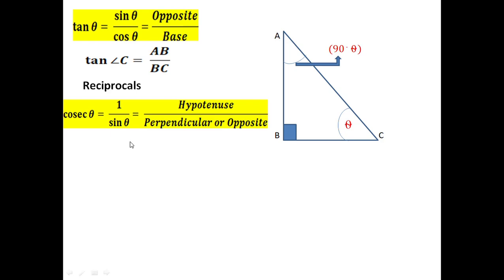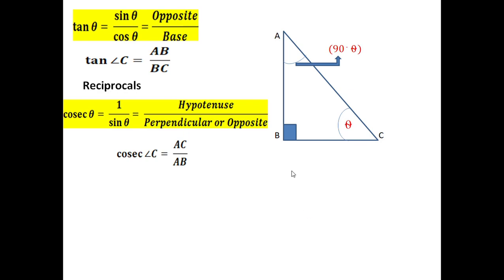Thus in this triangle, cosec of angle C can be written as hypotenuse, that is AC, by opposite AB. Similarly, cosec of angle A can be written as AC by BC.